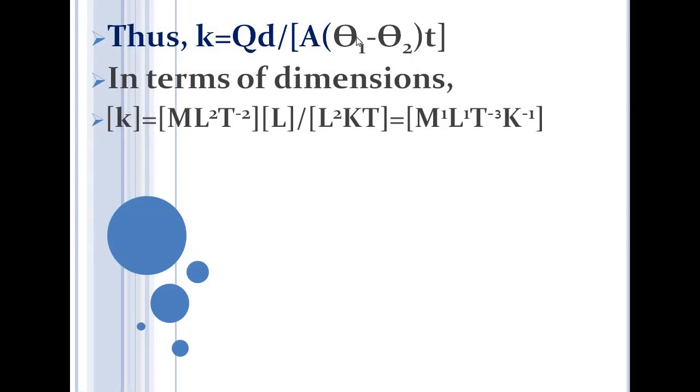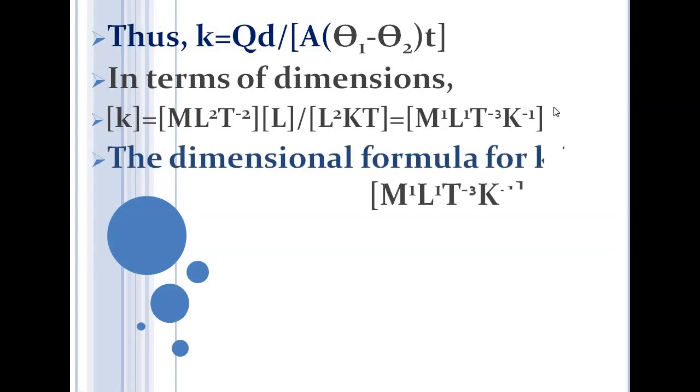It's obvious. And the difference theta 1 minus theta 2, that's a temperature difference, has the dimension K, and T is the dimension of time. To simplify it, you will get the relation M^1 L^1 T^-3 K^-1. So the dimensional formula for thermal conductivity is M^1 L^1 T^-3 K^-1.